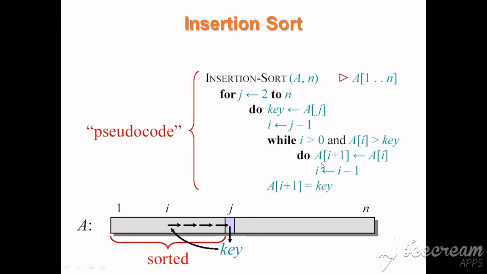Until these two conditions are true, we continuously shift values towards the right through this logic, that is A[i+1] = A[i], and every time i will be decremented also. At last, as soon as the loop breaks, we insert our key value at the appropriate position.